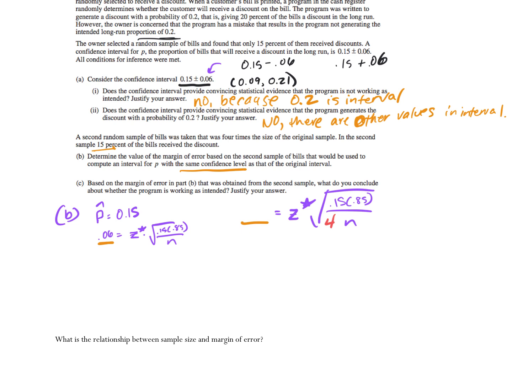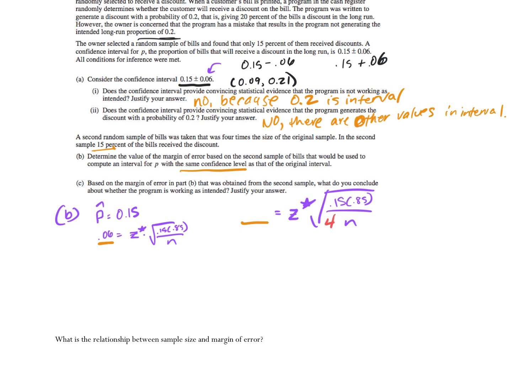The same z-score as before, because it's the same confidence level. So the z-scores don't make a difference whatsoever in the margin of error in this case.